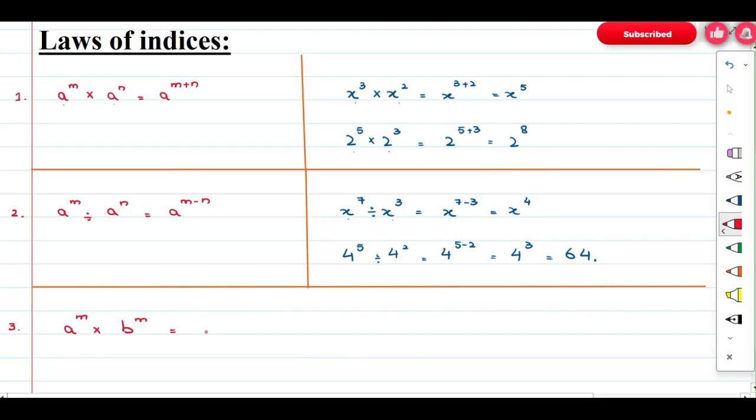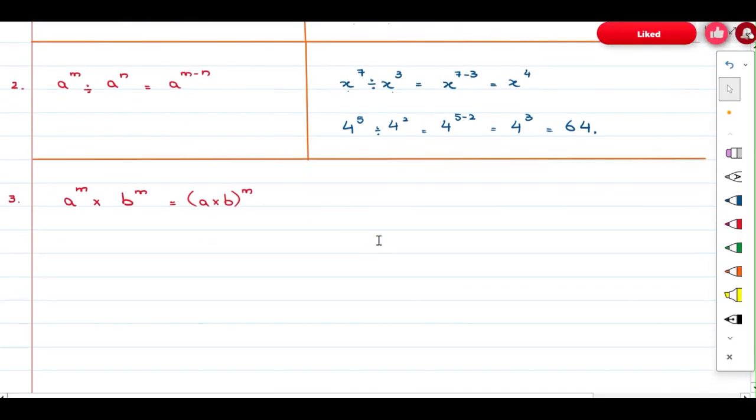Here we can say a times b, and you can write this as the whole power m, because the first term's power is the same as the second term's power, so we can take that power common outside. Let's practice an example.